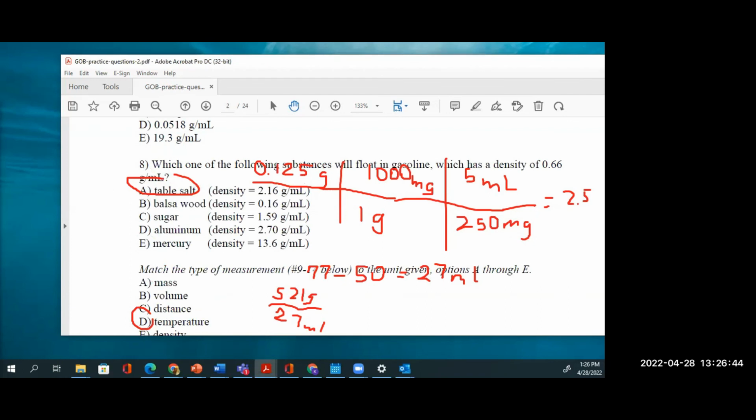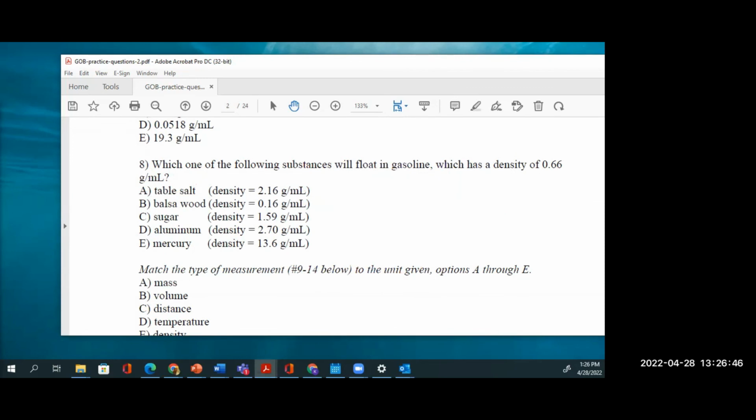Okay. So which of the following substances will float in gasoline, which has a density of 0.66 grams per milliliter? You guys agree with him? This is B, possibly. Don't know.